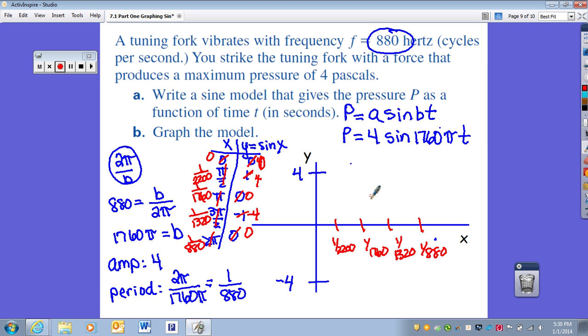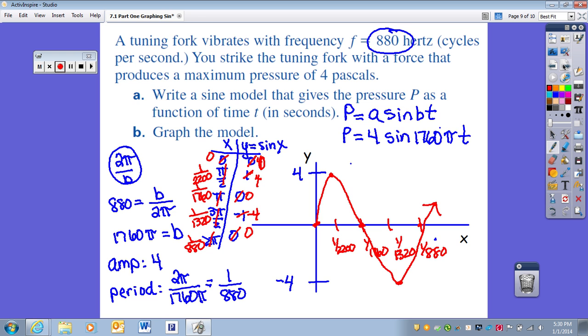So we begin at 0, 0, and then we're up to 4, down to 0, negative 4, and back to 0. And this would be the graph of this particular tuning fork for the sine function.